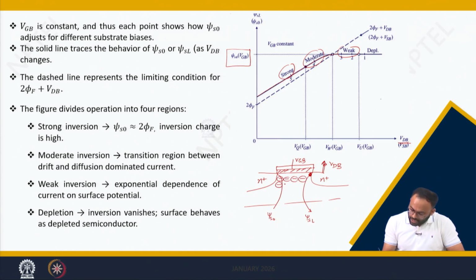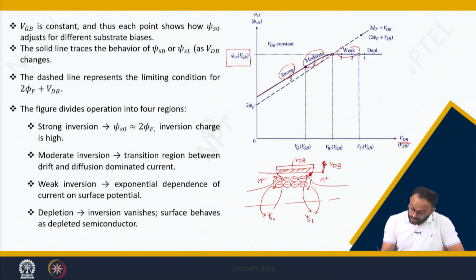Consider you have applied VGB small enough, so there is no inversion started. If you are in depletion, there is some voltage drop here to support this depletion layer. This voltage is nothing but psi S0. Similarly, here also there is a surface potential which is psi SL to support this depletion layer.